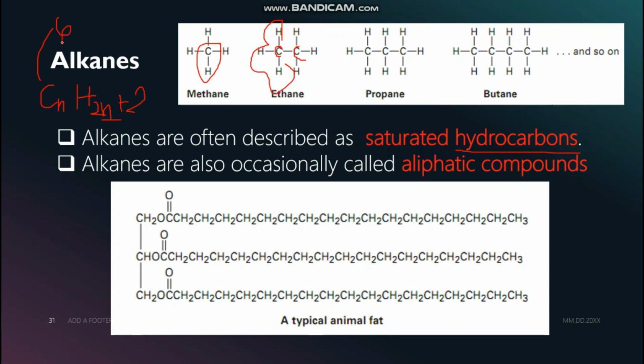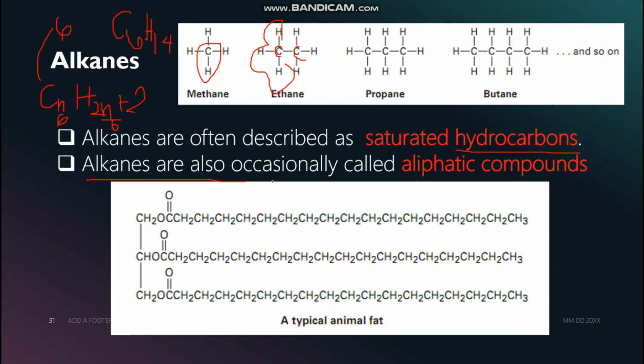So carbon 6, dito 6 and H2 times 6 plus 2. 2 times 6 is 12 plus 2 is 14. So that's C6H14. Okay? So ganun lang, ganun kadali kung paano mag-identify ng mga number of hydrogen doon sa carbons natin.